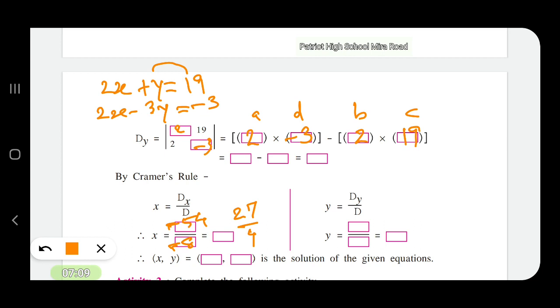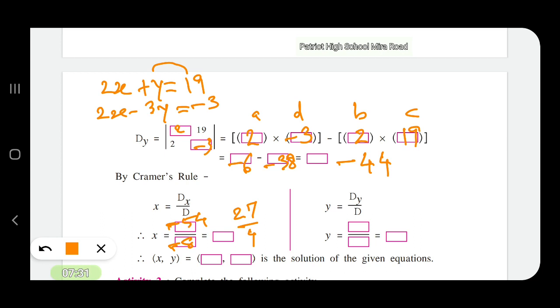Y will be equal to Dy. Yeah, we have forgotten to simplify the value of Dy. Dy will be minus 6 and this will be minus 38. So minus 6 and minus 38 will make minus 44.